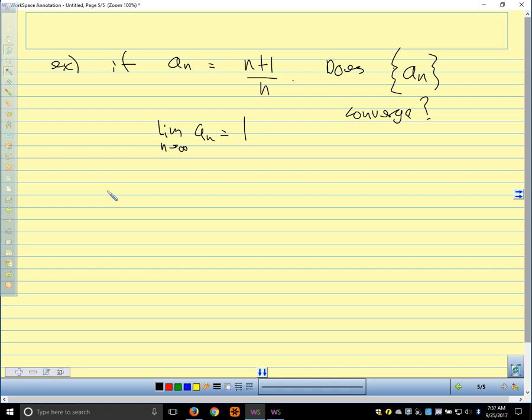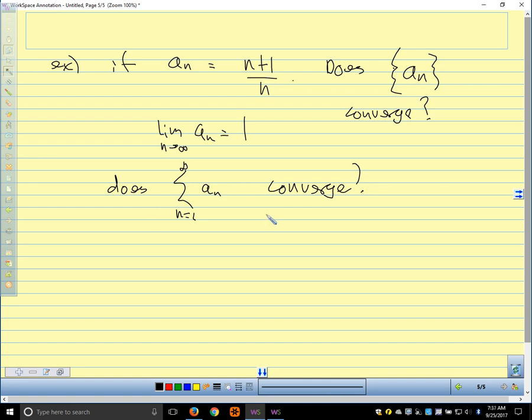Now I'm going to say, does the sum converge? Yeah, 1 doesn't equal 0. Our nth term, the limit as n approaches infinity of a sub n, is not 0.